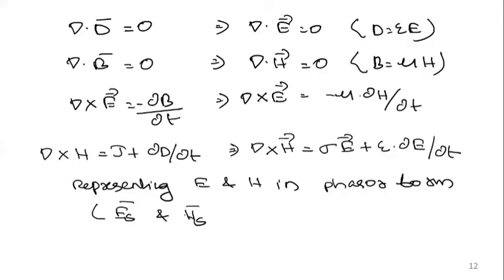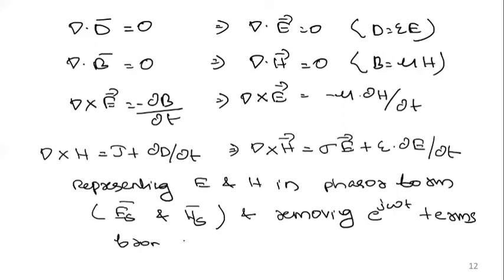It will be e raised to j omega t, and we remove the time domain term, removing e raised to j omega t terms from both sides.